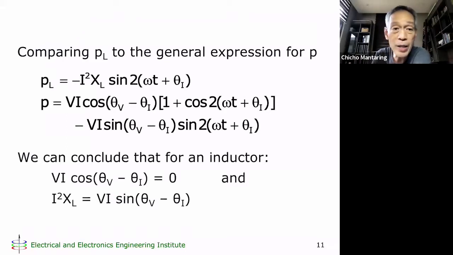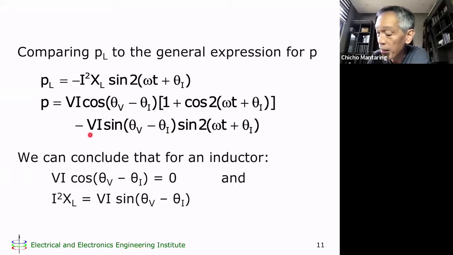Okay, doing the same thing that I did earlier, ito yung expression ko for power. Ito yung pinarada nating equation kanina. So I just want to compare the two. This time, wala akong cosine term. I only have a sine term, sine 2 omega t plus theta I, that's this. So anong ibig sabihin nun?